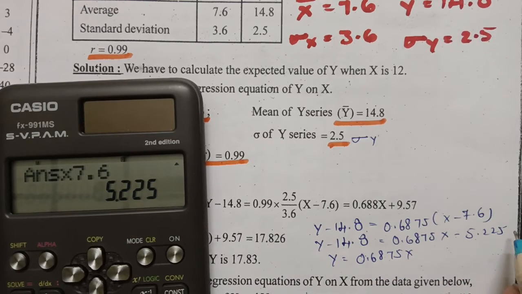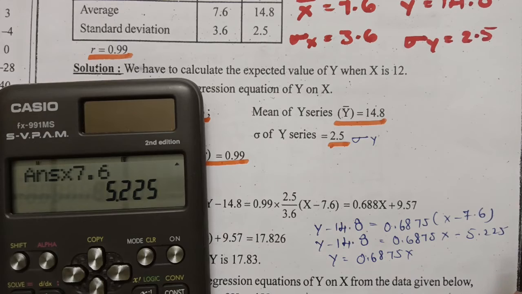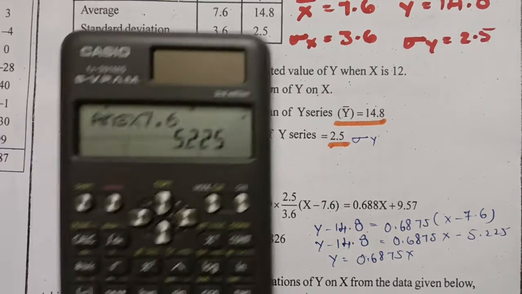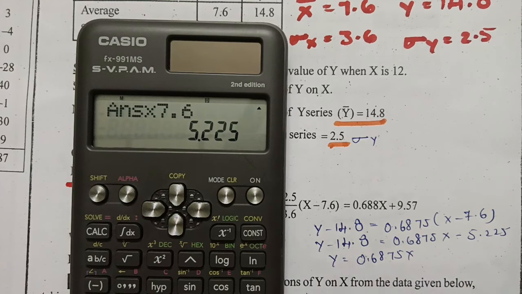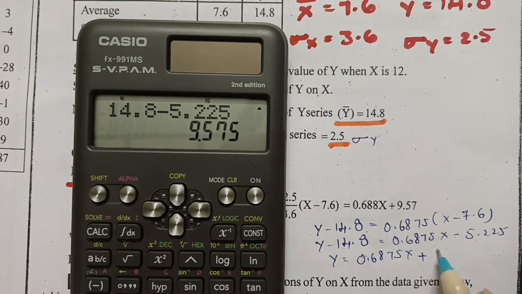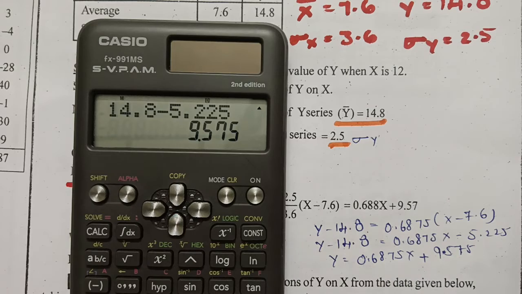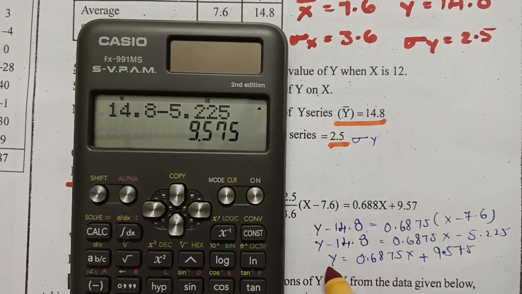If I send the 14.8 to the other side, it will be plus. So this will be 14.8 minus 5.225. The value here is plus 9.575. So this is 9.575, and this is the regression equation of Y on X.